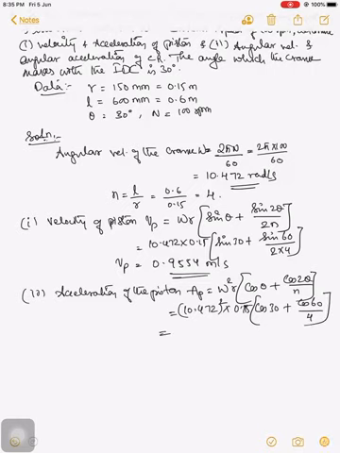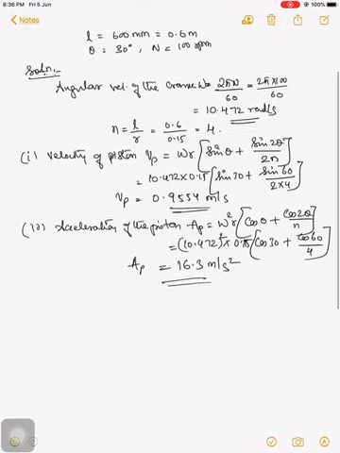So calculate the acceleration of the piston. The value is 16.3 meter per second square. So this is your acceleration of the piston.